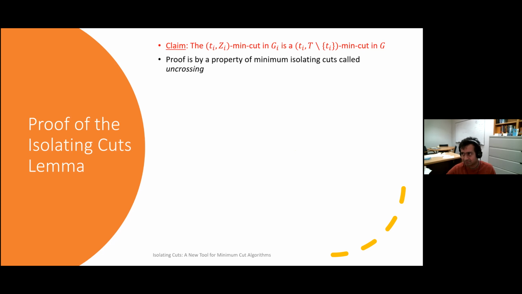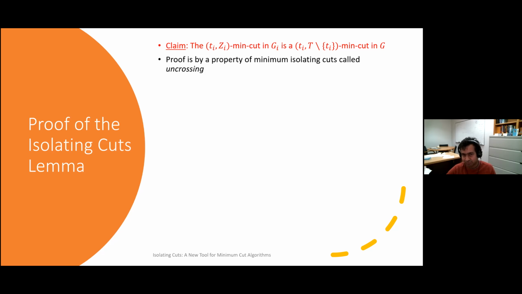This claim says it is. It says that contracting all these vertices outside Si does not change the identity of the minimum cut that separates Ti from the rest of the terminals in the graph. This is a property I'm not going to prove. It's a fairly simple proof, but it needs an additional tool called uncrossing, which is a classical tool in minimum cuts. In the interest of time, I'll skip the proof of this claim.